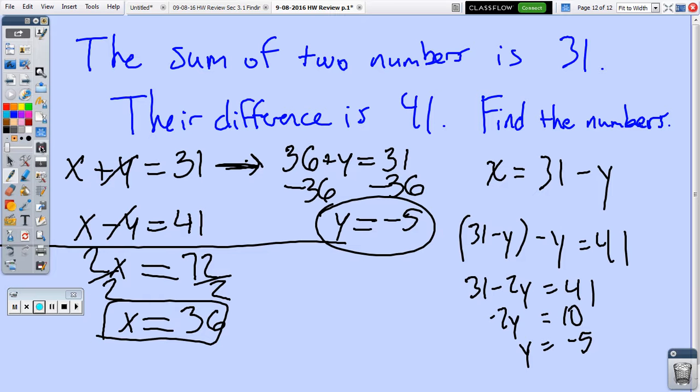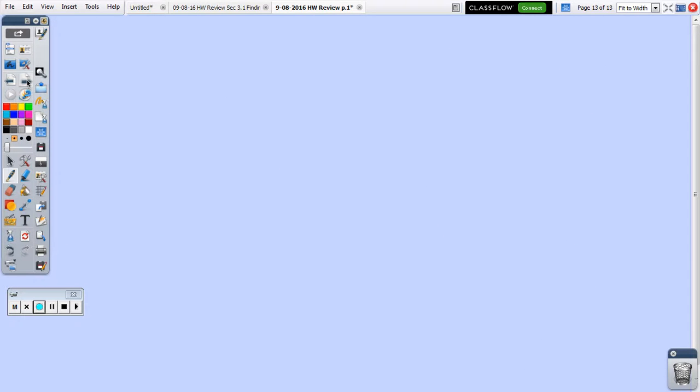Another example. They'll be available on Blackboard at the end of the day if you need to look up things. So the next one I want to look at is a problem that will be something like on the quiz.